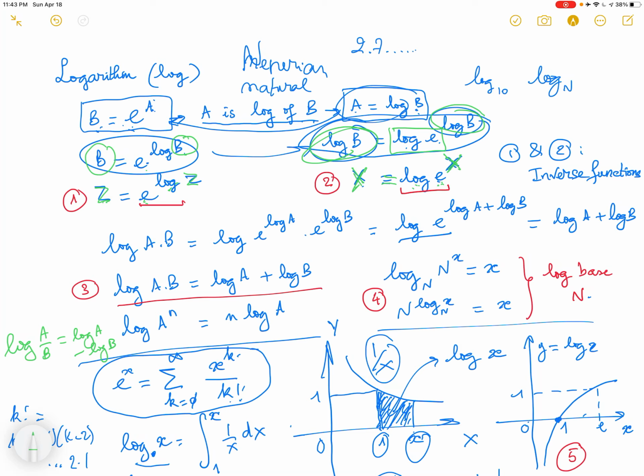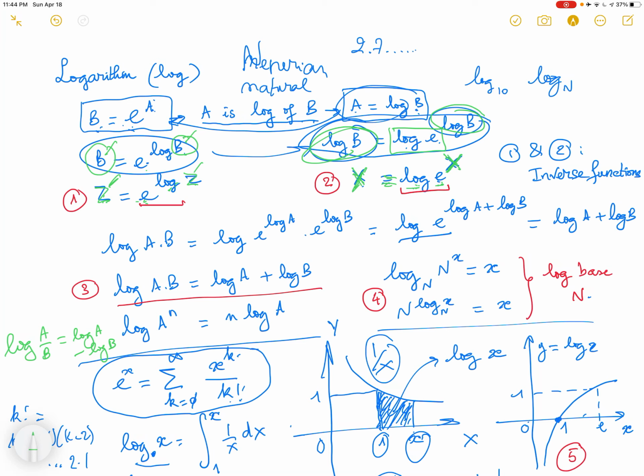So feel free to write any number as e raised to the power of log of the same number, whether that be b or b. Likewise, you can write the same number as log of e raised to that number. As long as you follow this formula, it will always be correct.